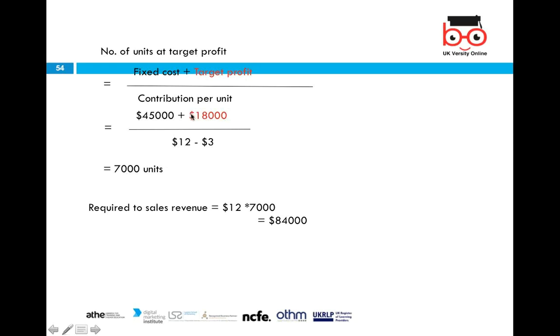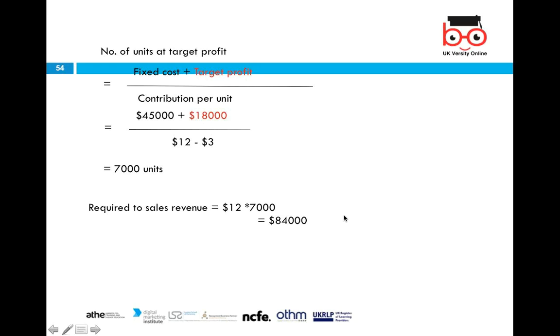If you need a target profit of $18,000, then we would need to sell 7,000 units. Or in terms of sales, we multiply the selling price of $12 by the units, and we need $84,000 in sales to get an $18,000 profit.